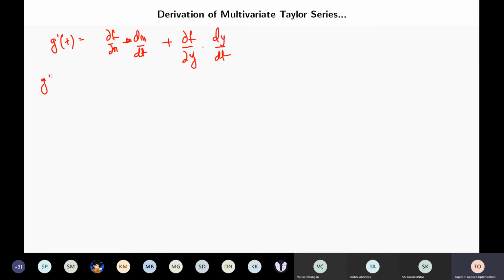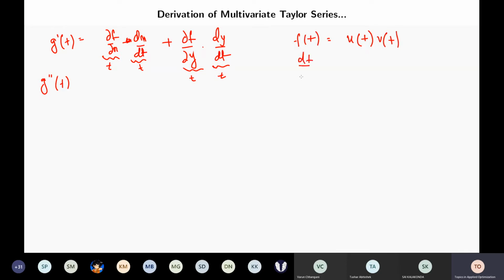Now I can take a double derivative with respect to t. This is a function of t, so it is still possible that there is a t left here, and there is a t left here. So now this is the case where the product rule will be applied, right?